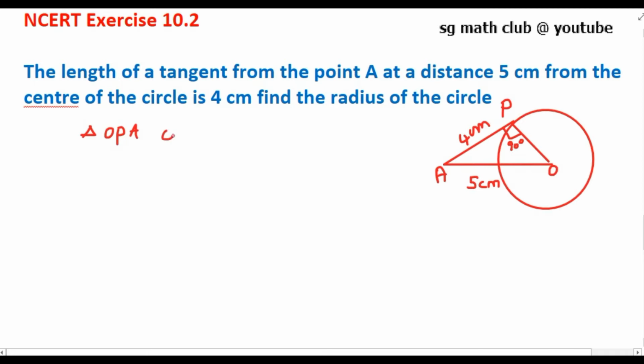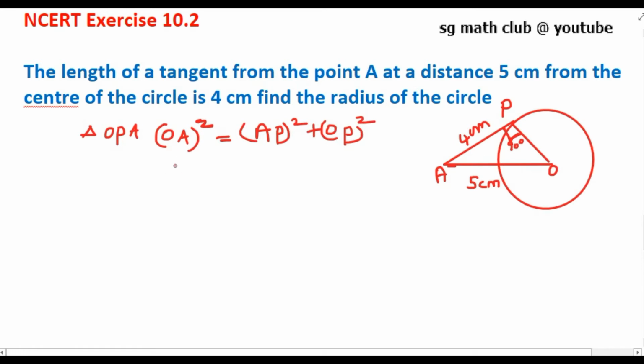By Pythagoras theorem, the square of the hypotenuse in a right angle triangle is equal to the sum of the squares of the other two sides. The side opposite to 90 degrees is the hypotenuse, so OA is the hypotenuse. OA square is equal to AP square plus OP square.